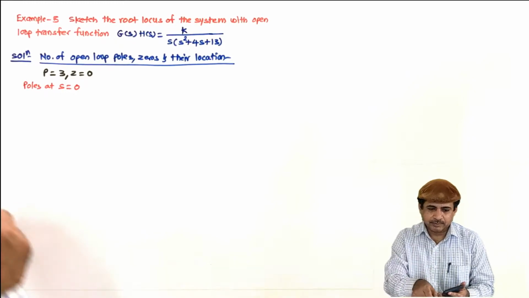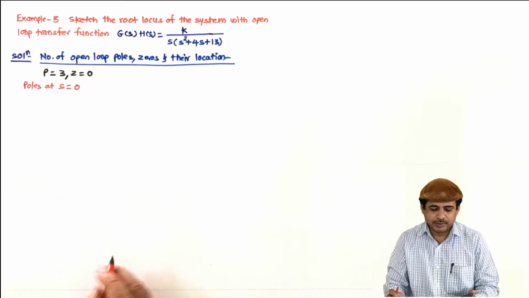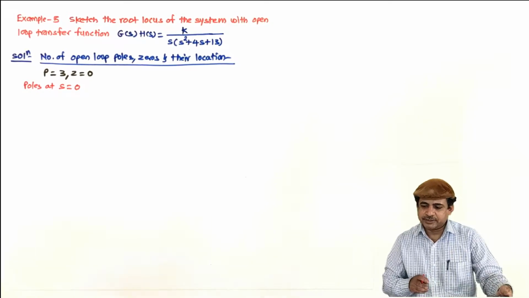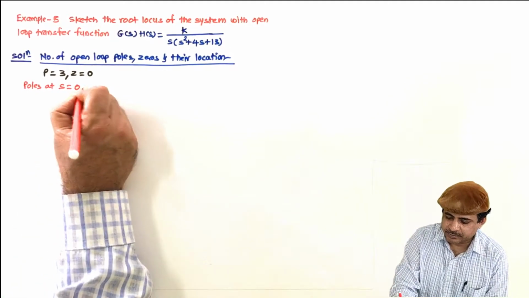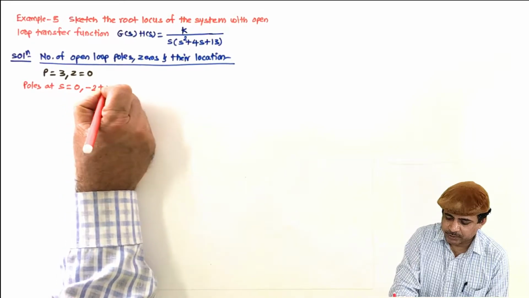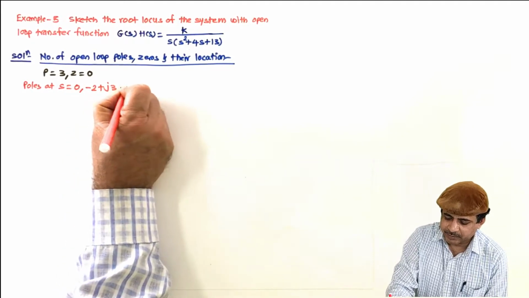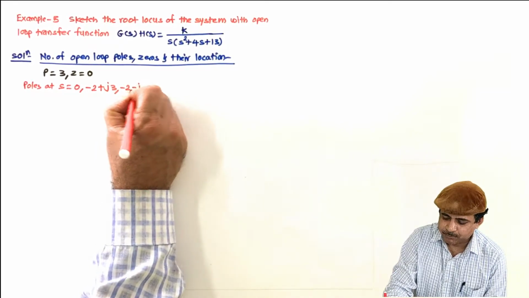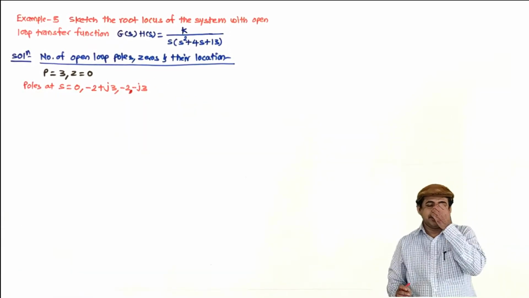So it's minus 2 plus j3 and minus 2 minus j3. So these are the 3 poles.